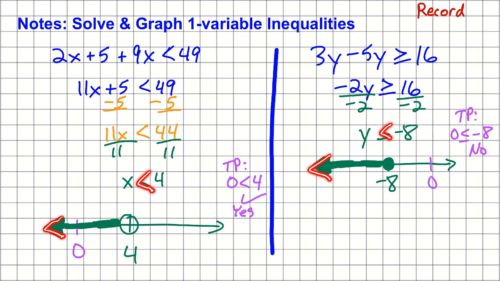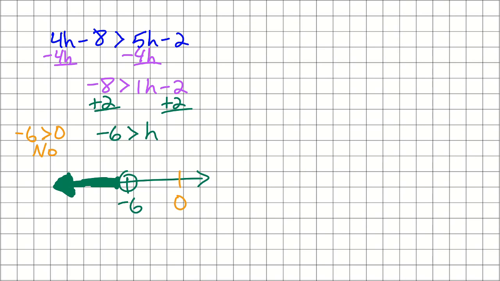When your variable is on the left, your variable and inequality will go in the same direction. On this one, my variable is on the right, and my arrow faces the opposite direction as my inequality.